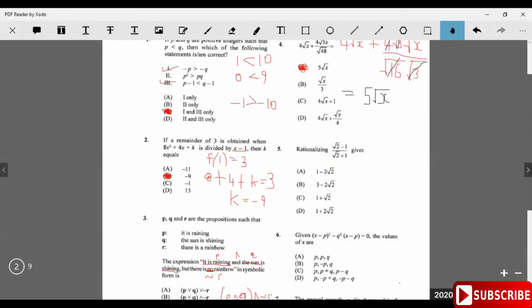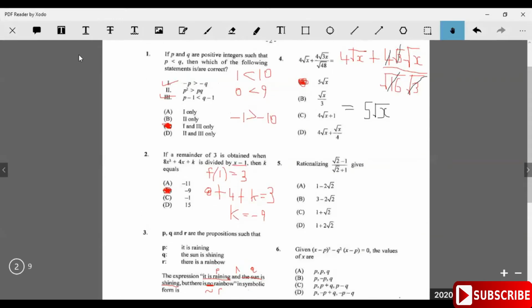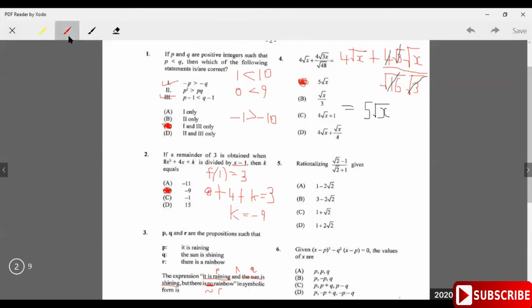Question 5 is asking us to rationalize this. To rationalize it, we multiply by the conjugate of the denominator. So what we're going to get is root 2 minus 1 times root 2 minus 1. When you multiply, you're going to get root 2 minus 1 all square over, and the denominator is just going to become the difference of two squares, which is the root of 2 all square, which is 2, minus 1 all square, which is 1.